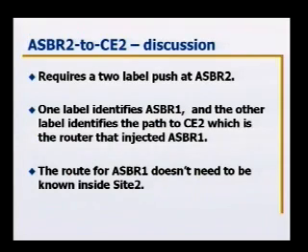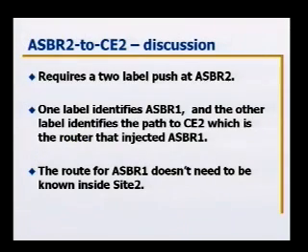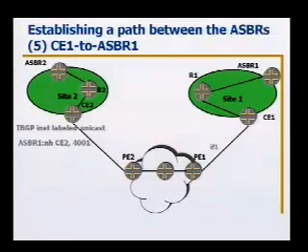Let's take a second look at this picture. We have a two-label push at ASBR2: one label identifies ASBR1 and the other label identifies the path to CE2, which is the router that actually injected ASBR1. Now let's take a look at Site 1.